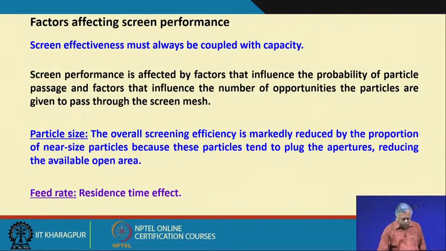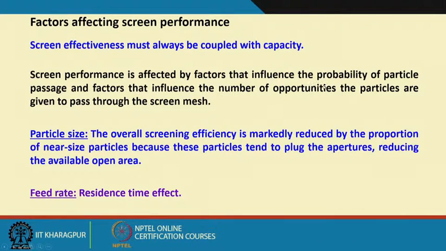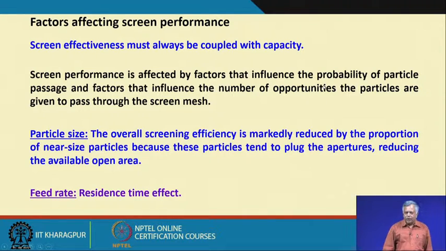Screen effectiveness must always be coupled with capacity, that is, at what rate we are separating. Screen performance is affected by factors that influence the probability of particle passage, that is, what is the probability of that particle passing.